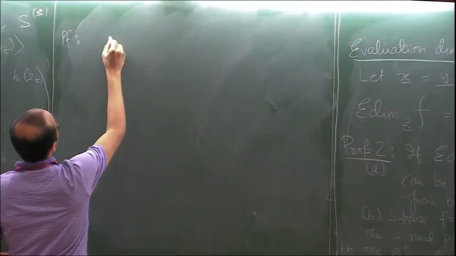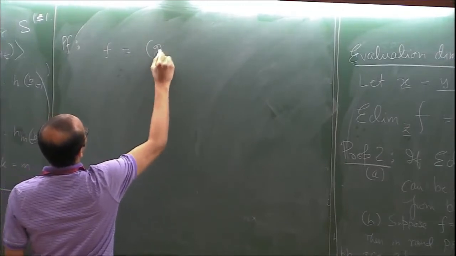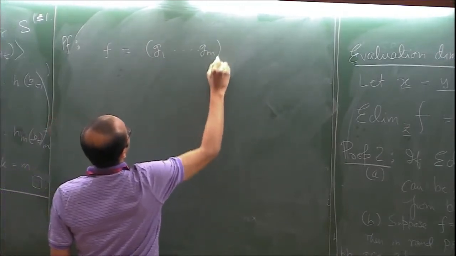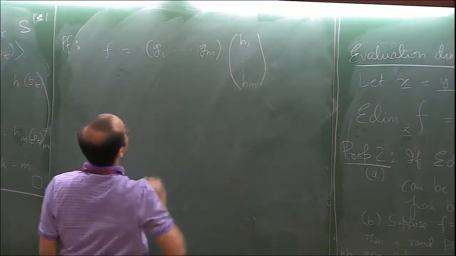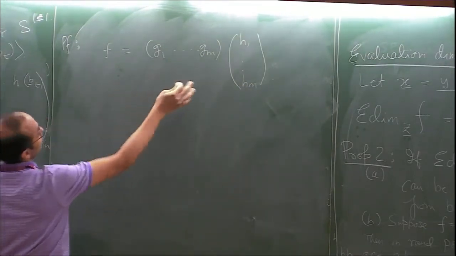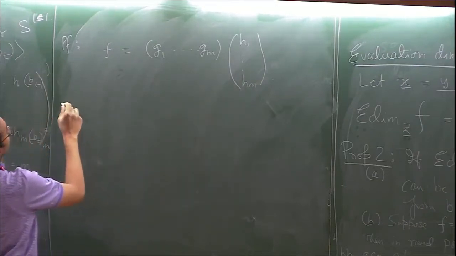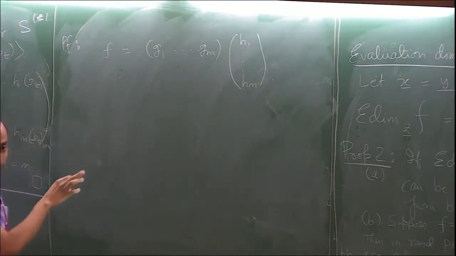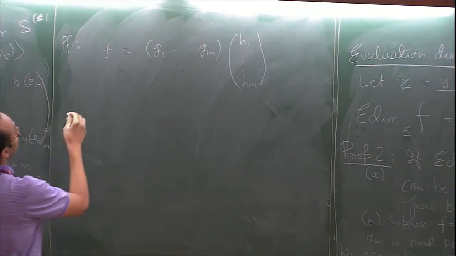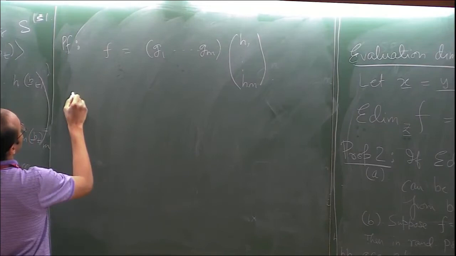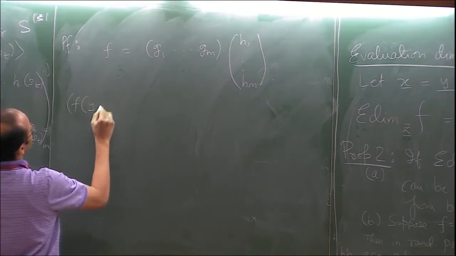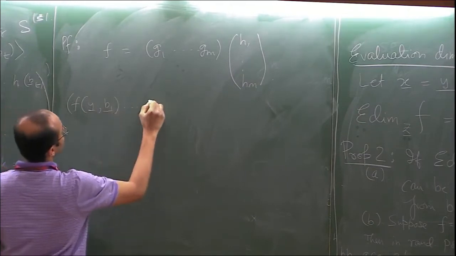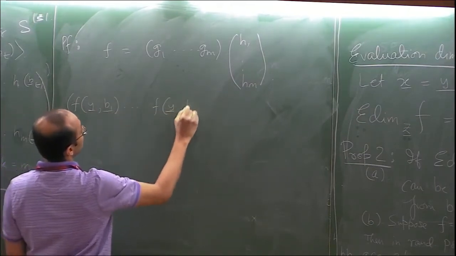So you have f, and you know it is G1 through Gm and H1 through Hm, right? You don't know the G's and H's. What you know is m, which is the evaluation dimension that you have computed from part A, let's say. So now you again look at this polynomial y b1, and now t can be just m.